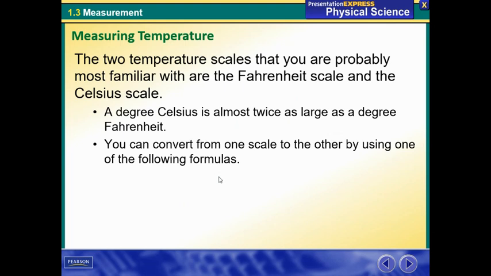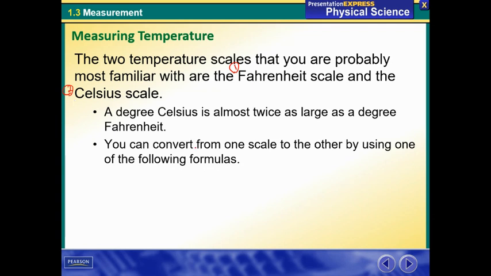Now, there are 2 temperature scales that you are probably most familiar with: first Fahrenheit, and the second one is Celsius. Fahrenheit should be super familiar because that's what we use to tell our temperature. We usually say, oh, you have a 99 degree Fahrenheit fever, or today's high is 83 degrees Fahrenheit. Celsius, on the other hand, may not be as familiar, but this is what other countries use to tell the temperature outside.